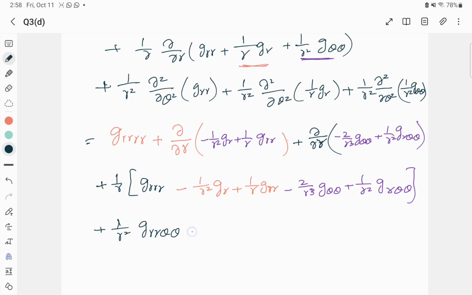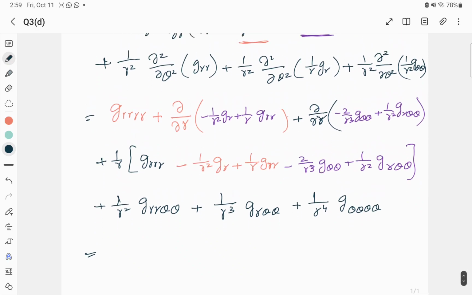So outside it will become 1 over r cubed, and this second derivative with respect to theta applied on g_r will be just g_r theta theta. Similarly, in the last one, again this 1 over r square is independent of theta, so it will come outside. It will become 1 over r to the power 4 and g_theta theta theta theta.